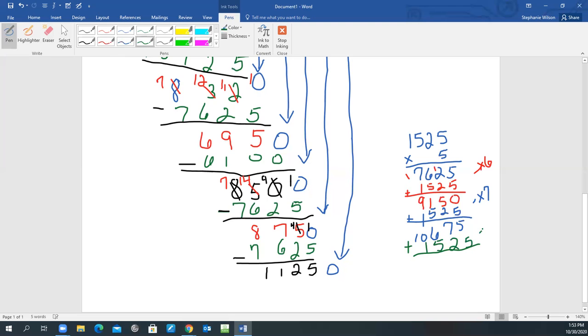All right, so this would be times 8. So 5 plus 5 is 10. Carry the 1. 7 plus 2 plus 1 is 10. Carry the 1. 6 plus 1 is 7 plus 5 is 12. Carry the 1. 1 plus 1 is 2. Bring down the 1. We busted.